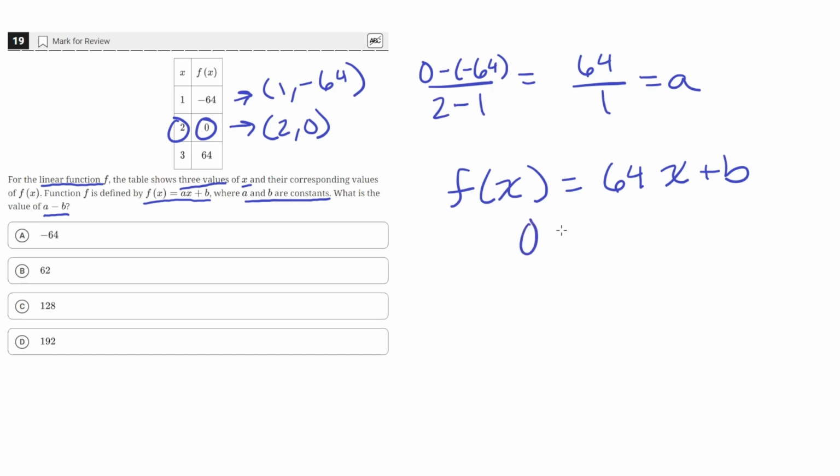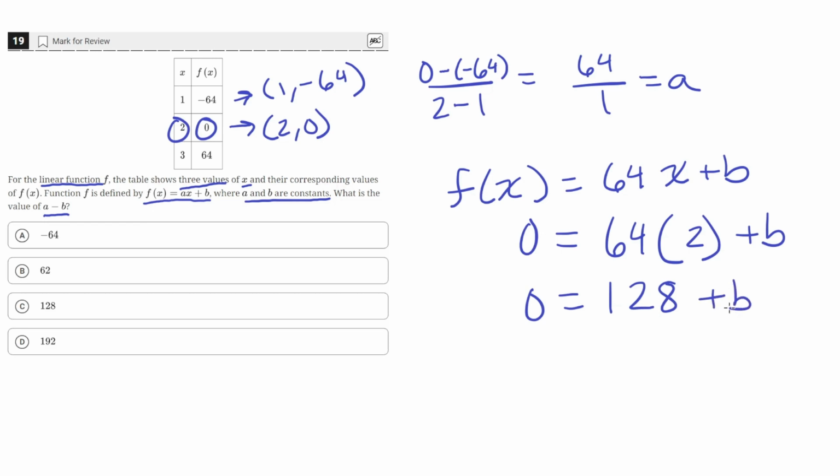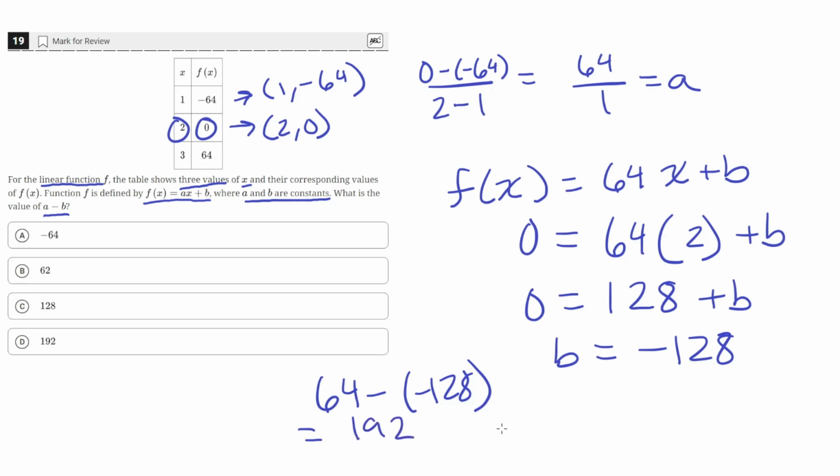So 0 equals 64 times 2, which is 128, plus b. So then b is equal to negative 128. So now we have the value of a and the value of b. So a, 64, minus b, negative 128, is equal to 192, which is answer choice D.